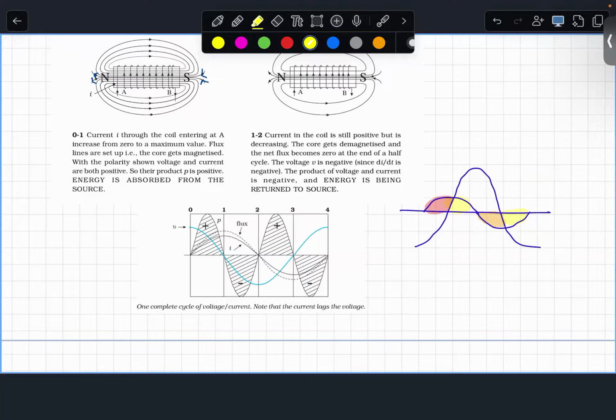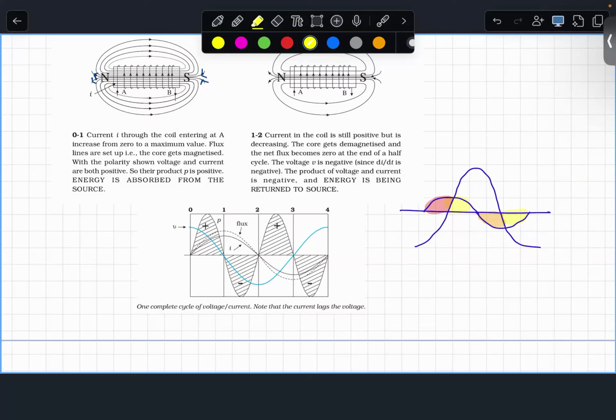Got the point? Right. That's the picture. Any doubts? Boys and girls, any doubts? Sure. Then power is given by the active power.